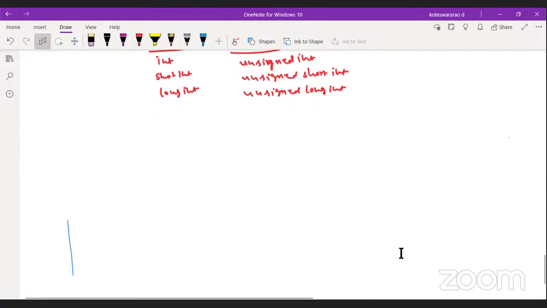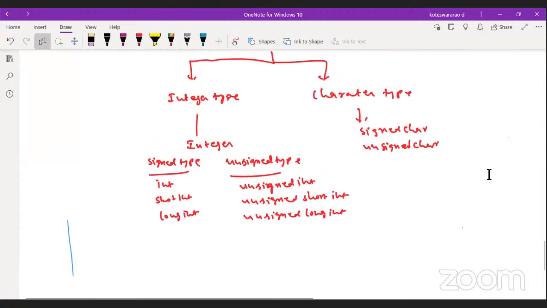Next, floating point types: float, double, long double.